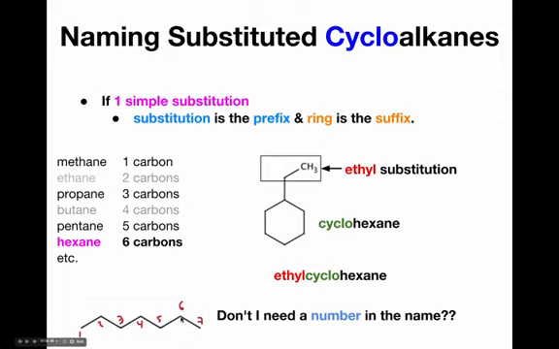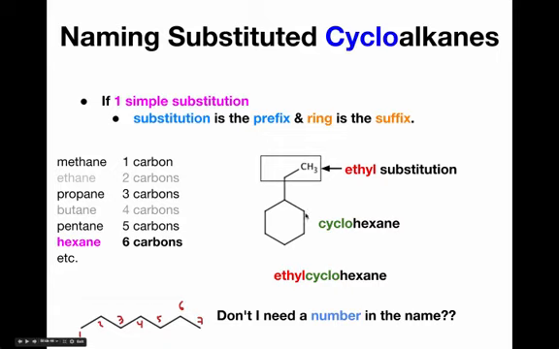Or if it's over here, then you're talking about how close your substitution is to one end or the other end. But if you have a cyclical chain of carbons where they wrap around, there is no end. So if you just have one substitution, it doesn't really matter what carbon it's attached to because all of the carbons are more or less identical.